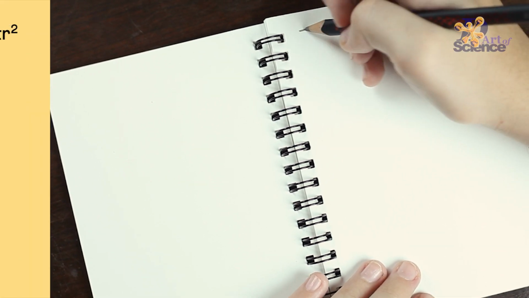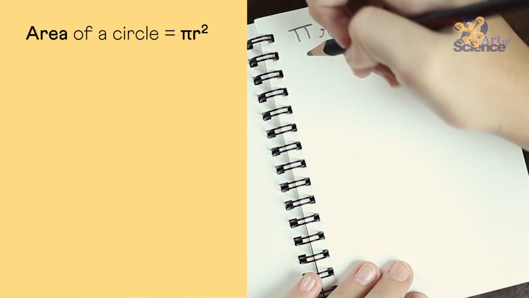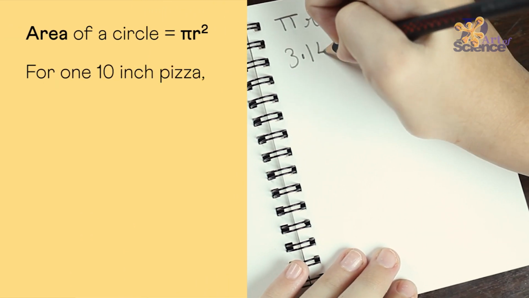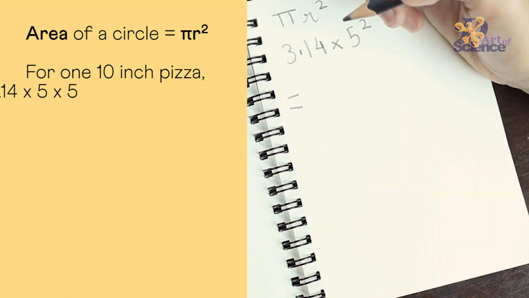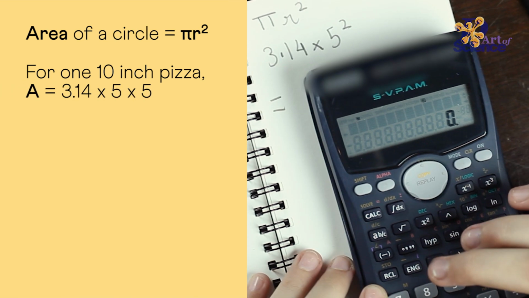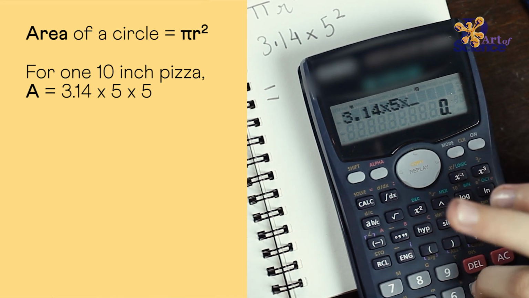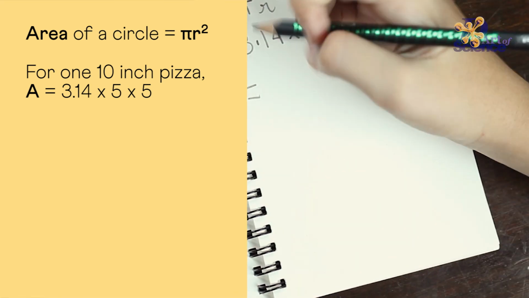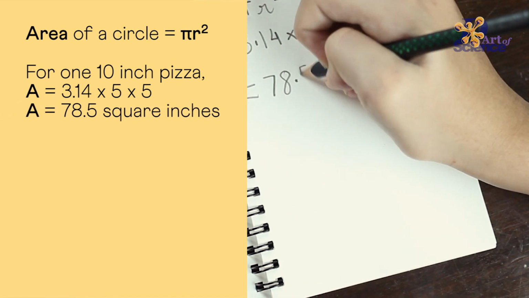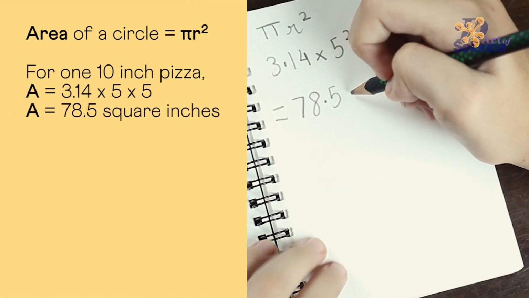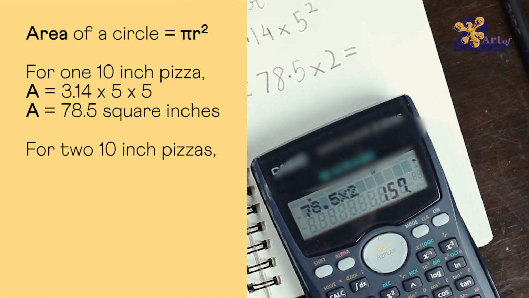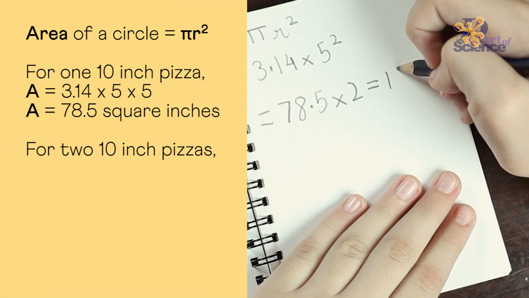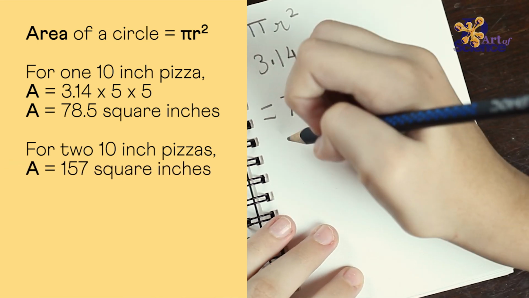See, the area of a circle is pi r square. So, in a 10-inch pizza, we'll get the area of 3.14 into 5 square, which equals approximately 78.5 square inches. So, 2 of the 10-inch pizzas will give us around 157 square inches of pizza.